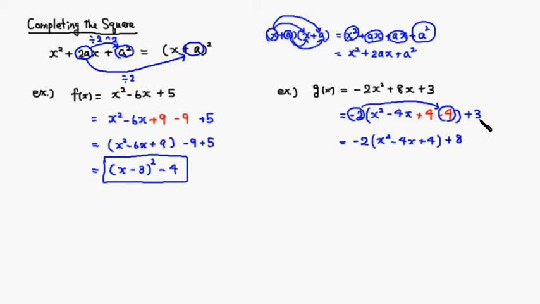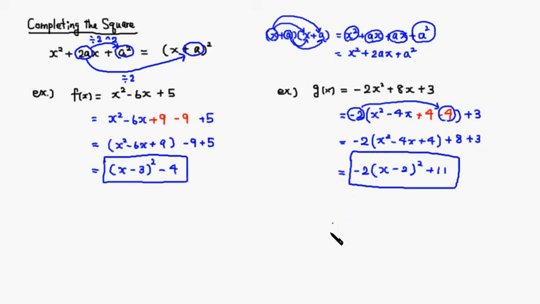Then you still have +3 at the end. Now we can complete the square. You have -2 still in front, then a quantity x, plus half of that number, which is -2, then squared. That takes care of all three terms, and at the end you have 8 plus 3, which is +11. So this is the function g of x in vertex form.